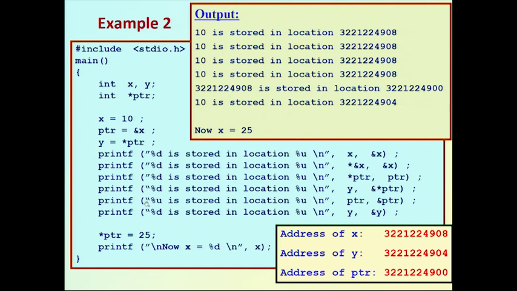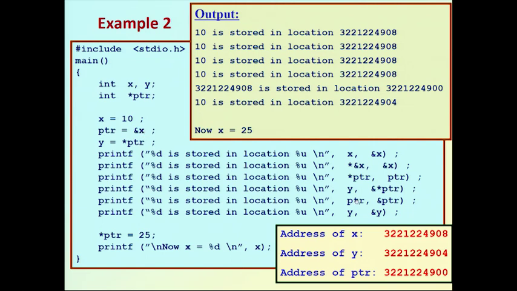Next, the fourth printf statement, it is PTR and ampersand PTR. Now, what is PTR? See, in the assignment statement, PTR is ampersand x. What is ampersand x? It is the address. So PTR is ampersand x.